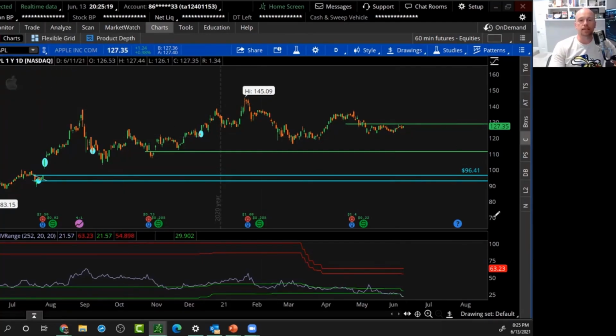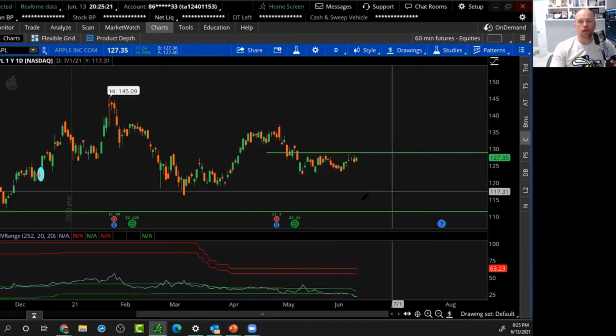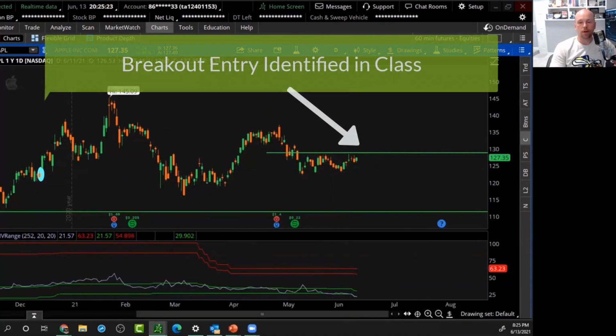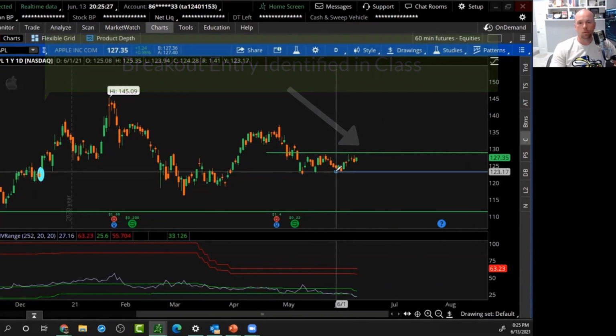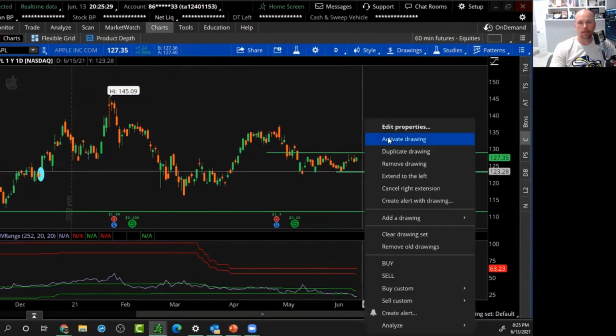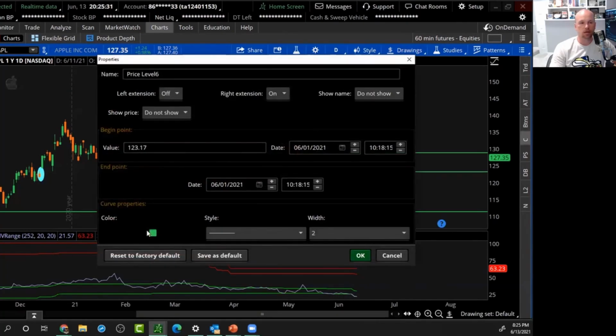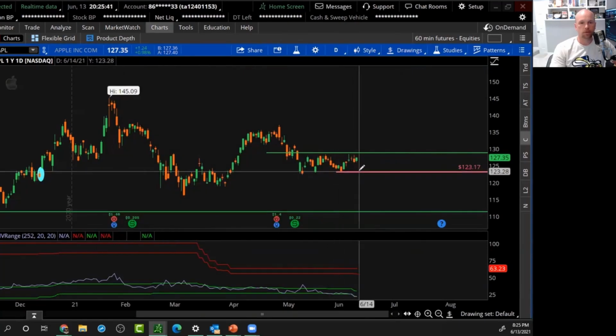So when I'm looking at this, what I'm thinking here is you've got a stop at about 123.17. So let's put this here, in red. So stop just below here.